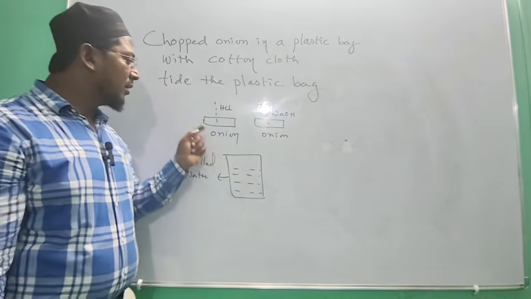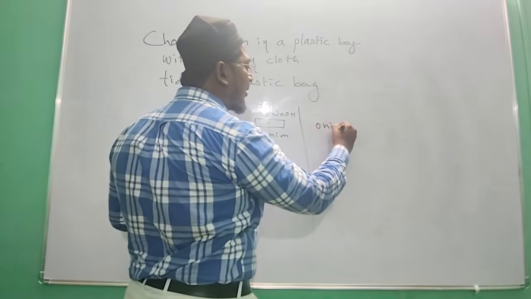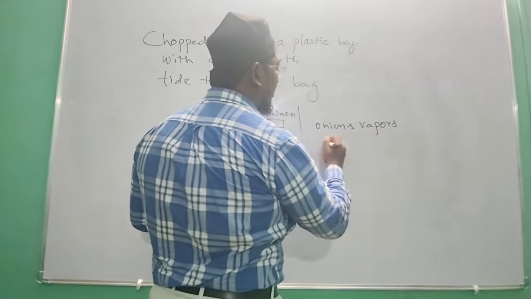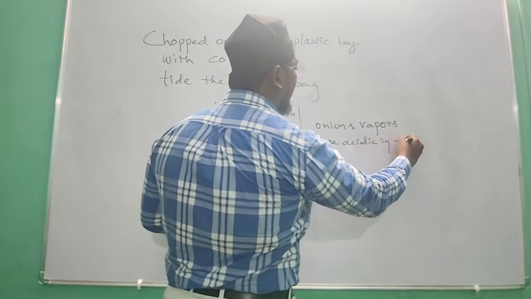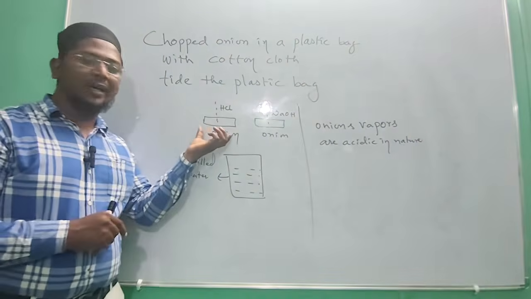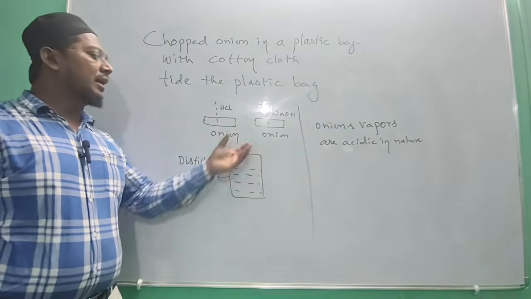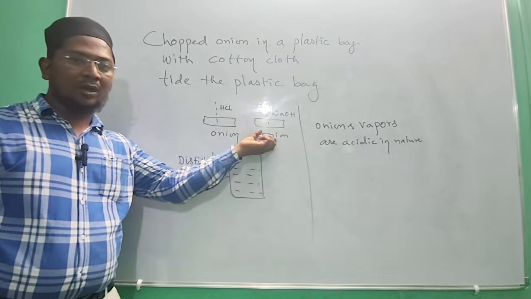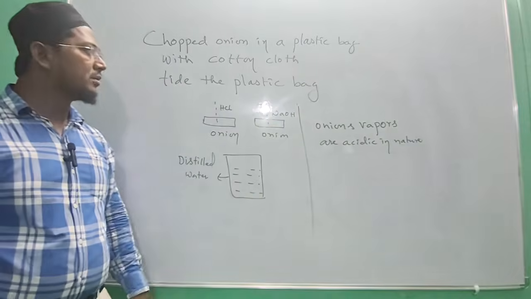Why? Because the onion vapors are acidic in nature. That's why with acid there is no reaction: the onion smell does not change in HCl. The sodium hydroxide reacts with the onion vapors, meaning the acid becomes neutral, and the smell is changed.